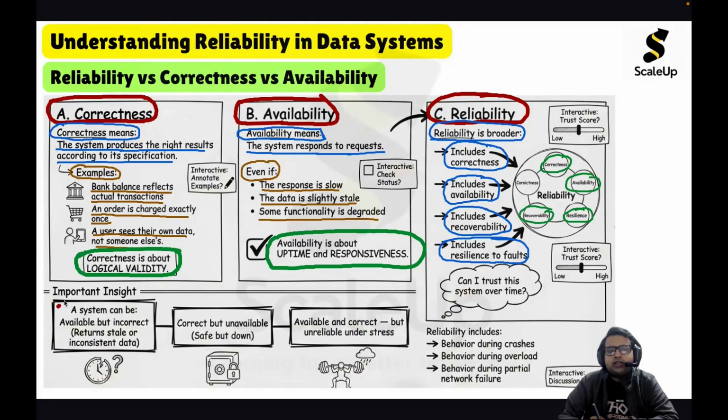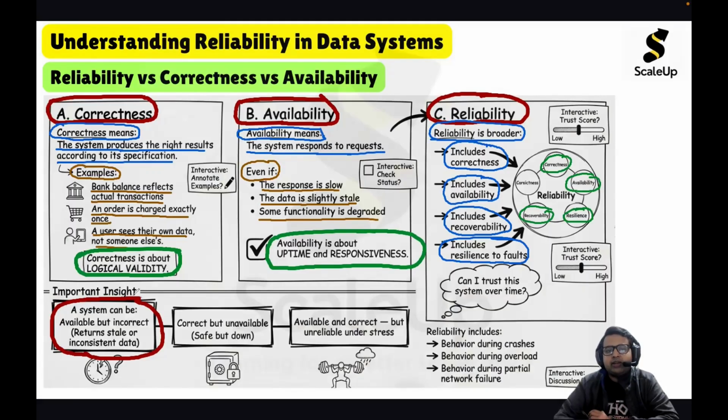A system can be available but incorrect. This is very important because in availability, stale data or inconsistent data works. Availability is about responding to the request, and availability does not guarantee correctness, because the system might respond with inconsistent data.